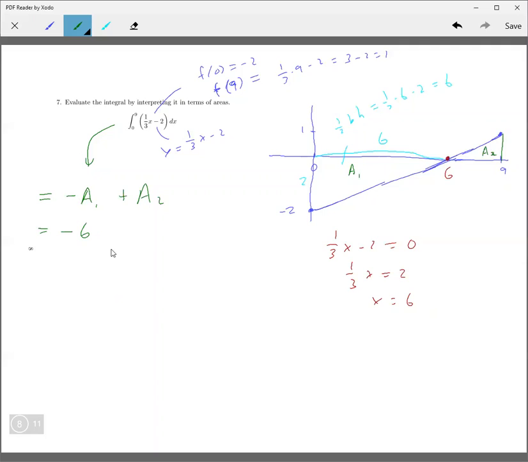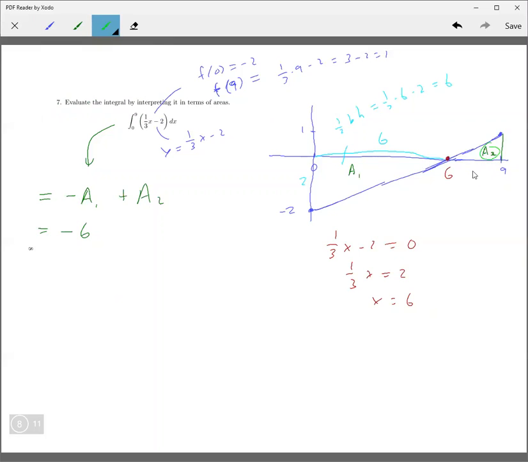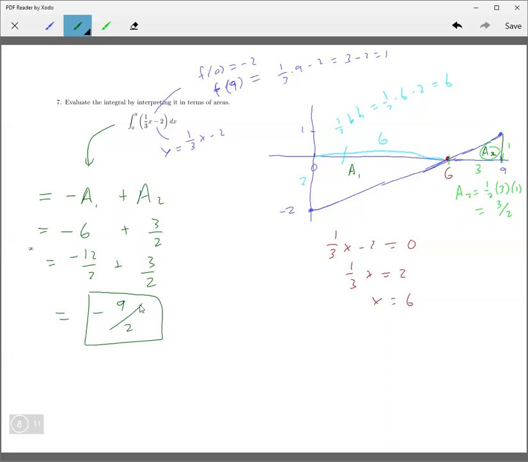And then this other area here, the base is 3, the height is 1. So area 2 will be 1/2 times 3 times 1, which is 3/2. So that will be plus 3/2. Okay, so that's -12/2 plus 3/2, which gives you -9/2. And that's going to be the answer.